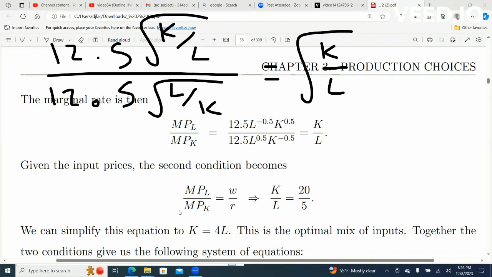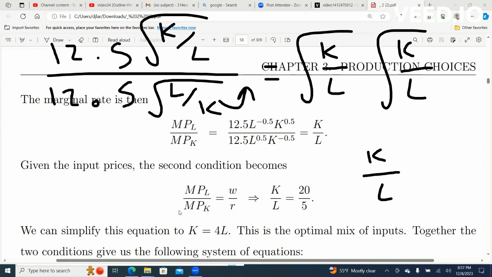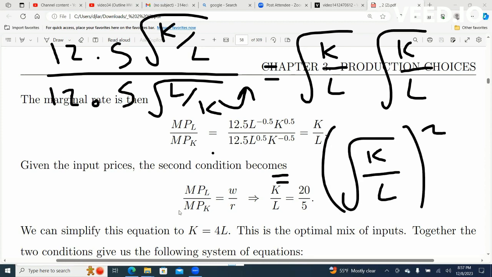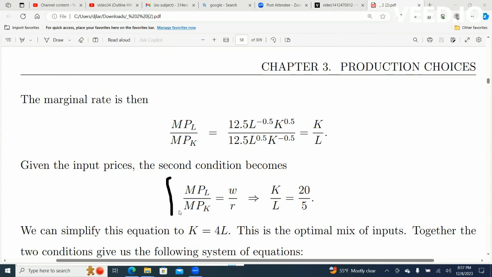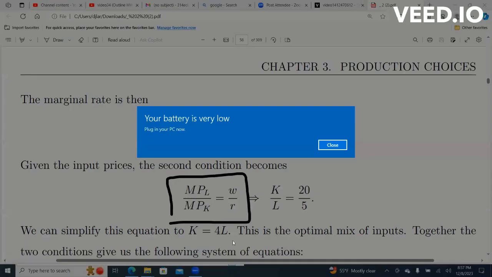How do you divide by a fraction? It goes up top and flips. So L over this goes up top, and it's another K over L, the square root. We get K over L, the square root squared. Just doing math everywhere, and we get K over L, which is what they got. So it doesn't matter at all how we do the algebra. And then you have to set it equal to 4, 20 divided by 5. So you take the derivatives, we plug them in here, and we just do that right there.